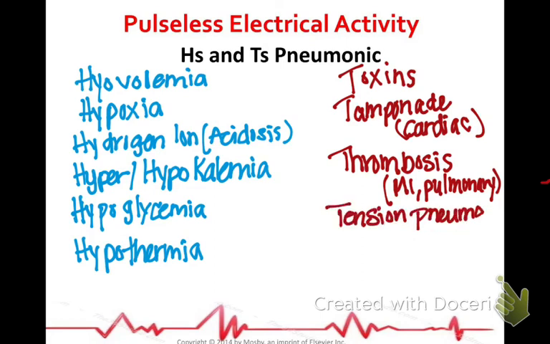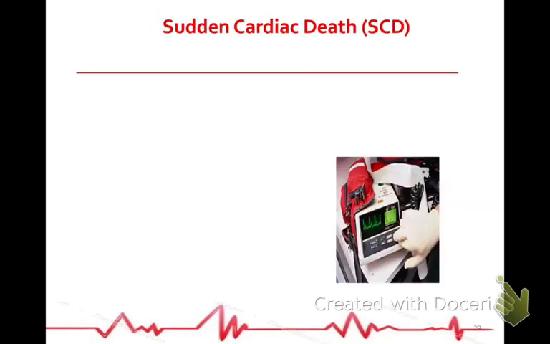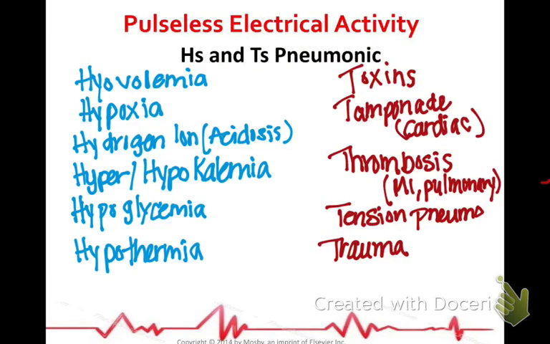Tension pneumo. And trauma. All those can be causes. Like I said, treat the underlying cause. So this stuff would need to be treated to get pulseless electrical activity back with a pulse.